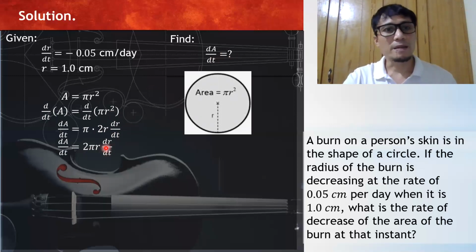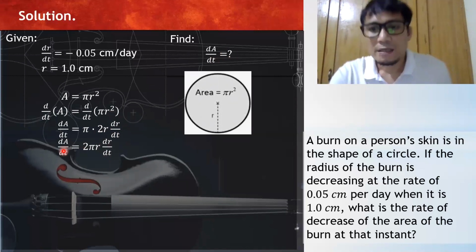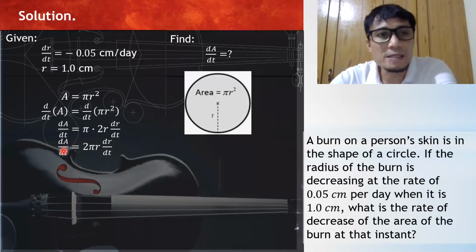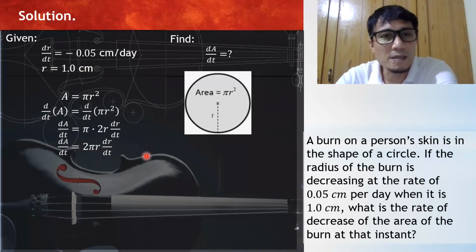Okay, and then let's see if we can find the rate of decrease of the area with respect to time. Is R given? We have R here. What about dr dt? We also have dr dt. So we just plug in these given values to the resulting expression.